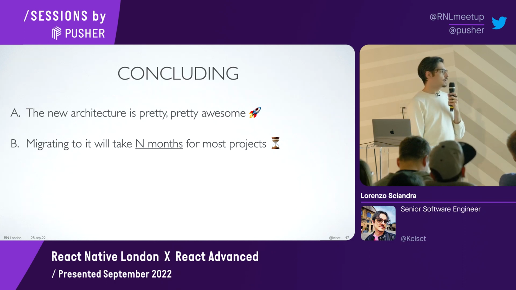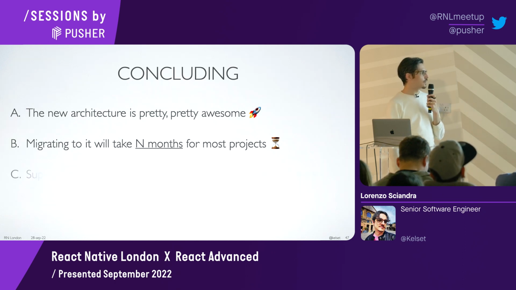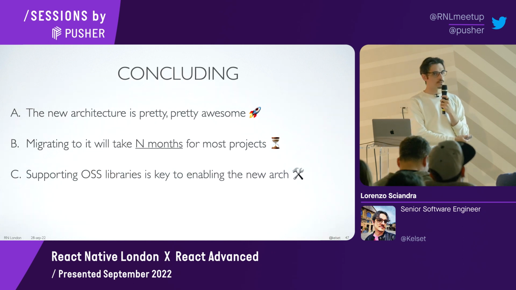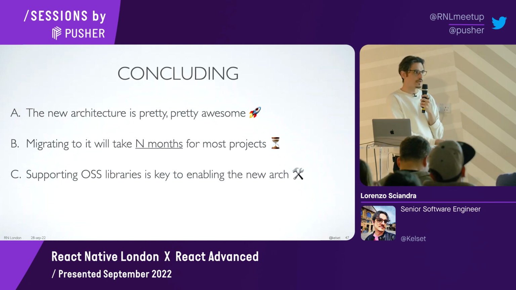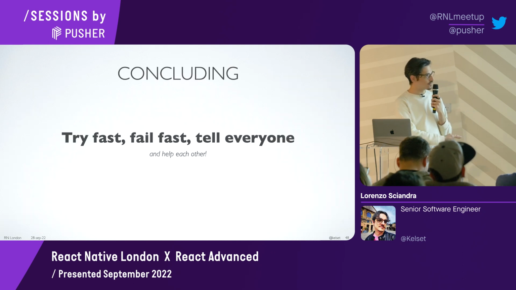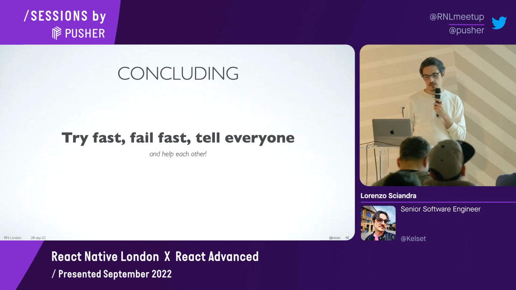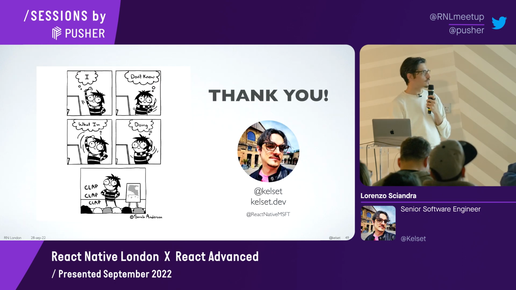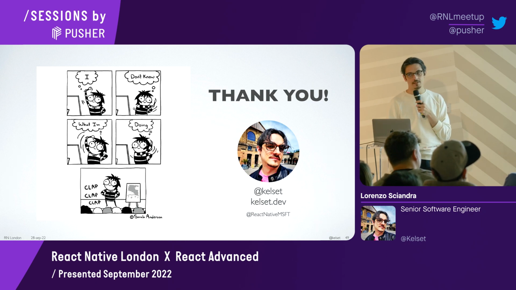So it's going to be a challenge for everyone. And supporting the libraries is basically key. You cannot get there if your libraries don't support the new architecture. If I had to say it in one super quick phrase: try fast, fail fast, and tell everyone. And help each other, but that should be a given. Anyway, that's me. Thank you so much.